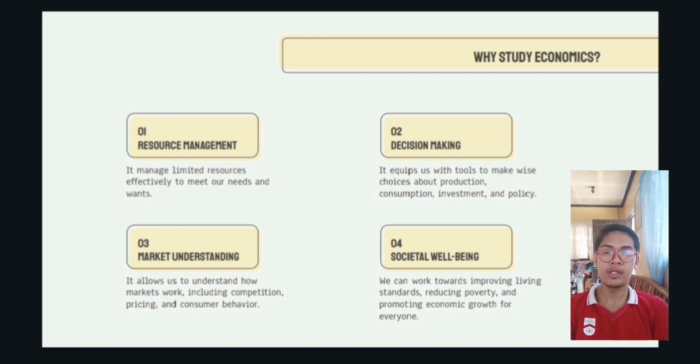Number three is market understanding. It allows us to understand how markets work, including competition, pricing, and consumer behavior. And number four is societal well-being. We can work towards improving living standards, reducing poverty, and promoting economic growth for everyone.